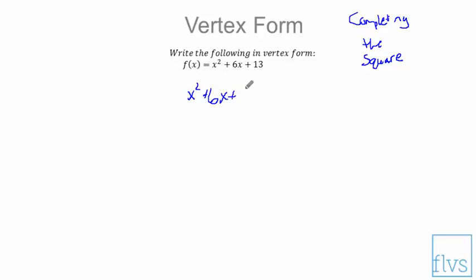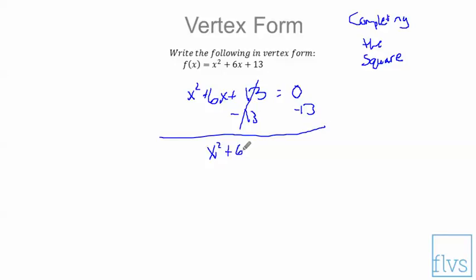It just happens to throw me off sometimes. I like to do it without it. And we're going to set it equal to 0. And the first thing we're going to do is we're going to minus that 13 on both sides. We only want two terms on the left. So I'm left with x squared plus 6x equals 0 minus 13 is negative 13.